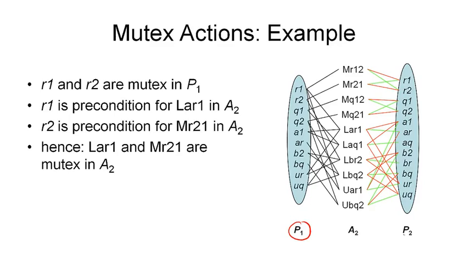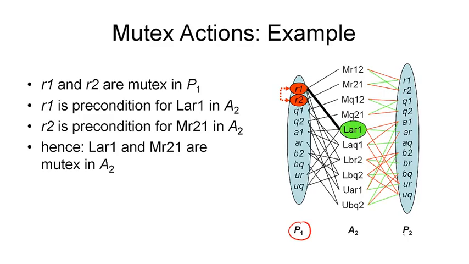I'm sure you will remember from the previous example that in proposition layer P1, the propositions R1 and R2 were incompatible. So they were mutex. Now, we know that our proposition R1 is a precondition for the action LAR1 in our action layer A2.